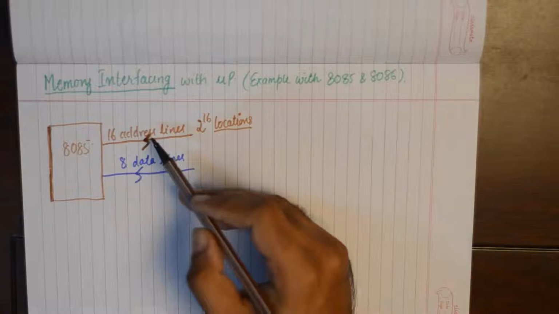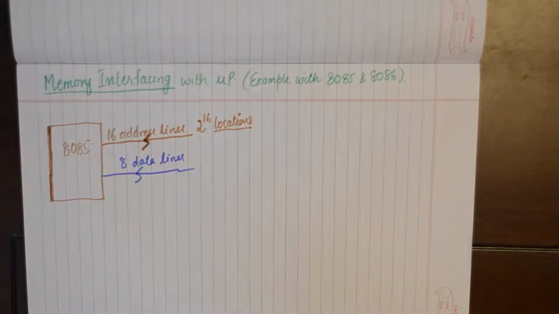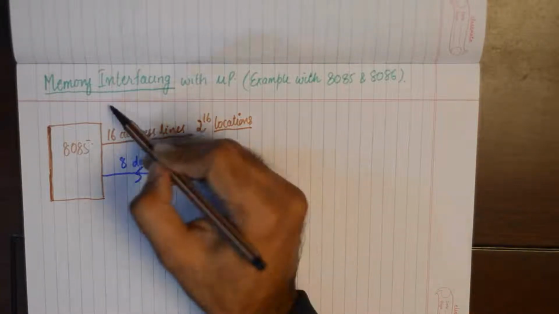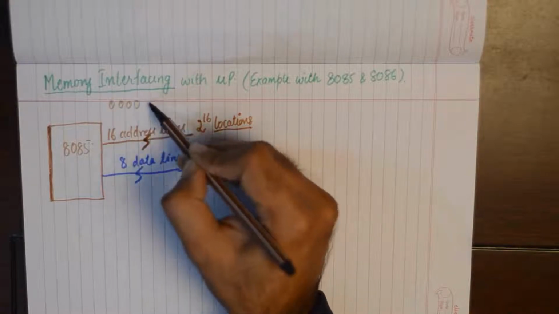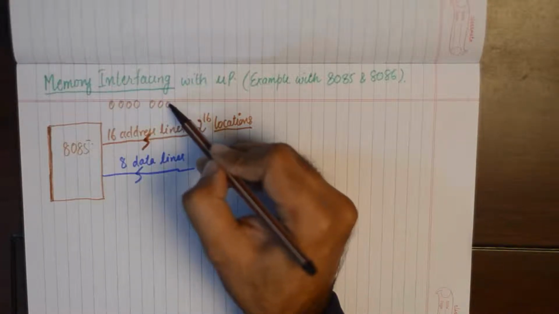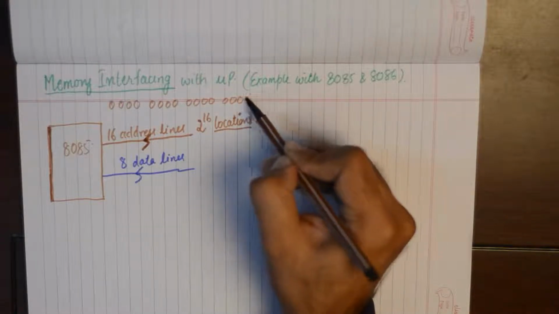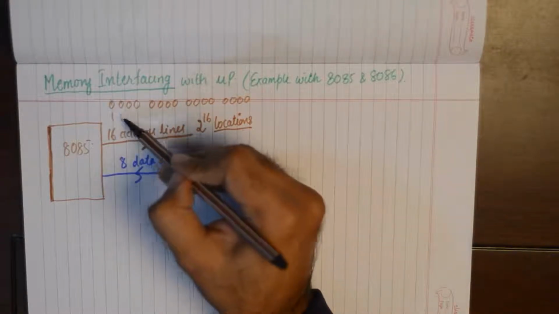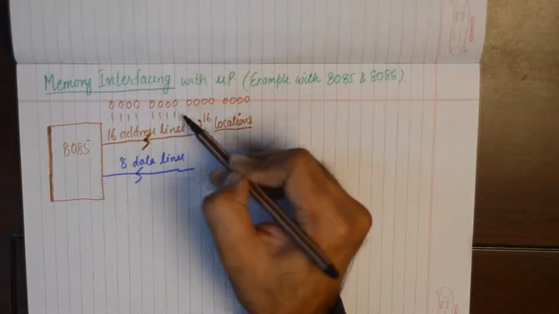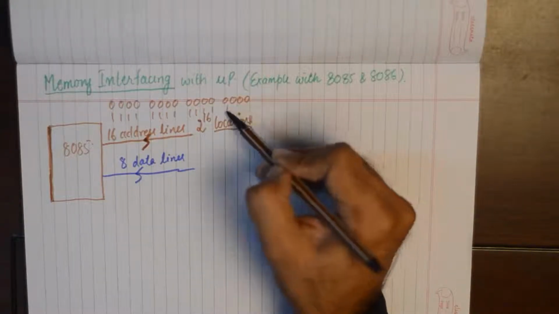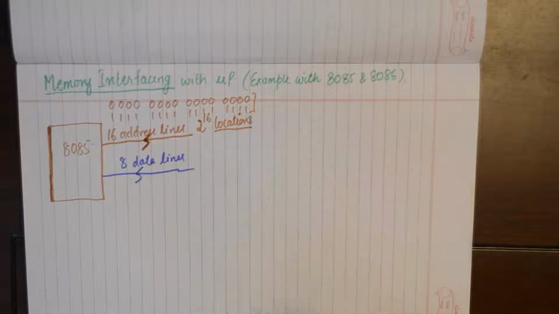In other words, this microprocessor is capable of addressing a memory that can have an address which is 16-bit long, ranging from 16 zeros to 16 ones, as we discussed in the previous tutorial.